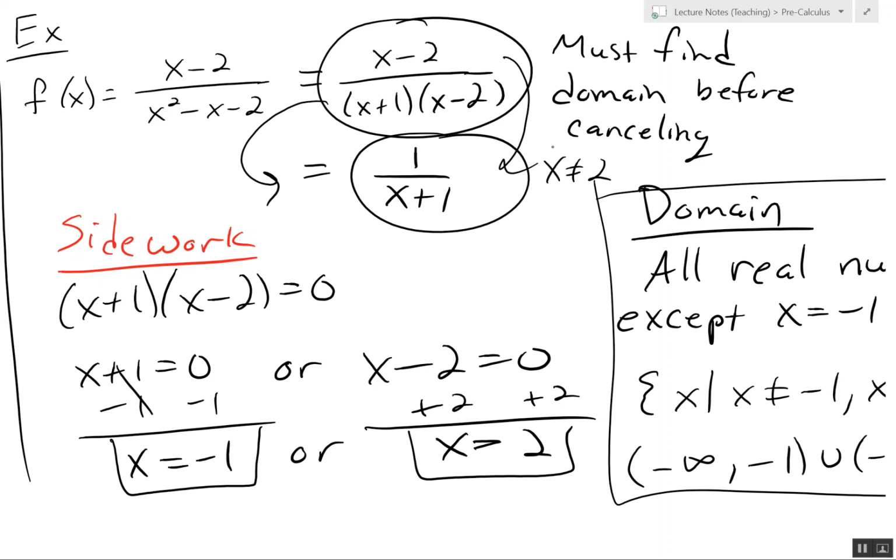I just want to make that point because it's a subtle point that will come up again in Calc 1. And it's good to know anyway because it's the behavior of rational graphs. So thank you for listening to this little extended part of this problem, and we'll move on to domains of radicals.